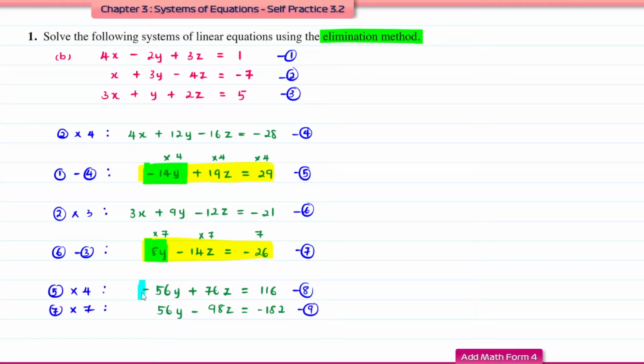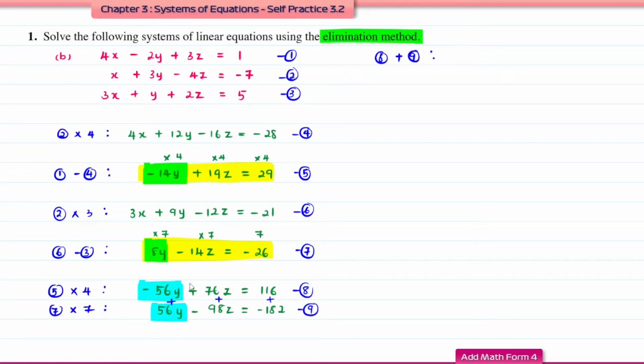Now we already equalized the y. To eliminate it, we're going to add these 2 terms together, which means for the other terms, we're going to add as well. I'm going to write it on the right hand side here. Equation number 8, we're going to add with equation number 9.